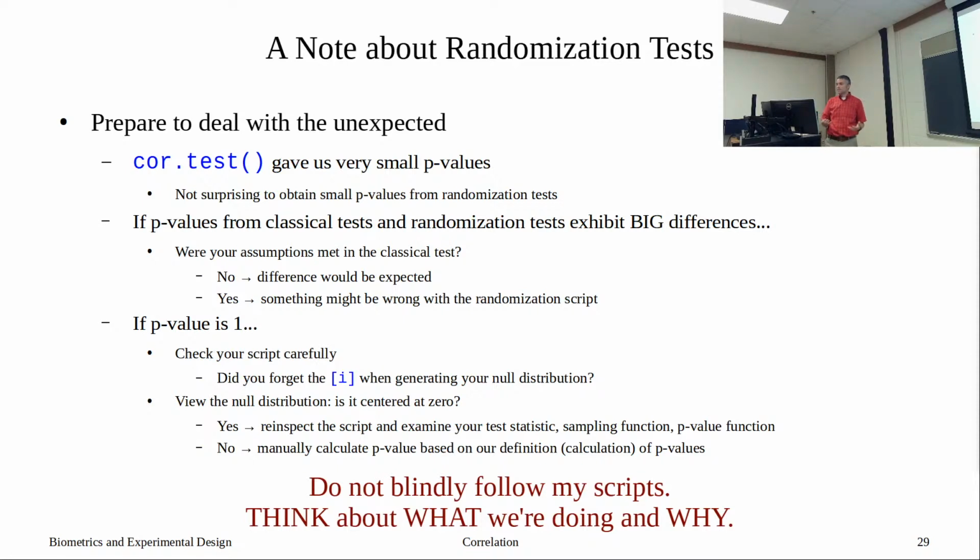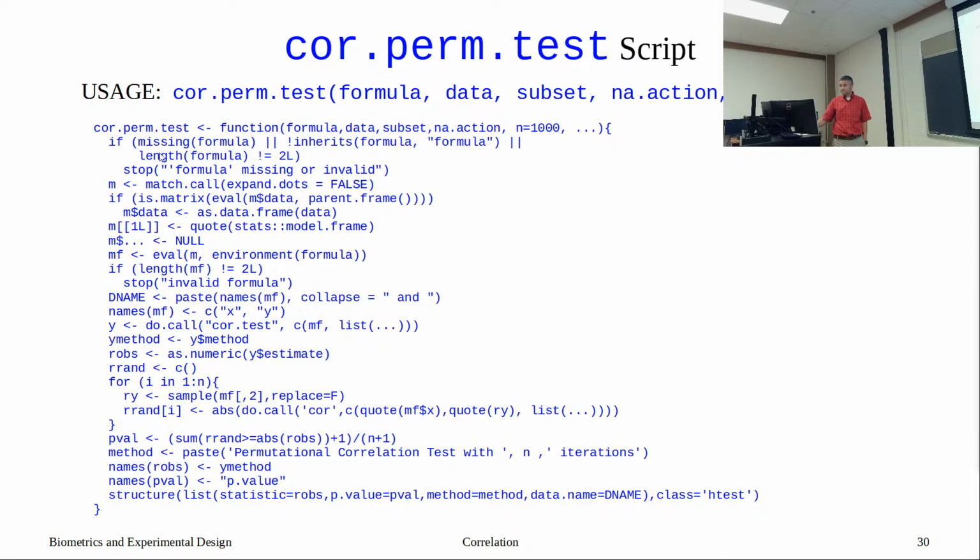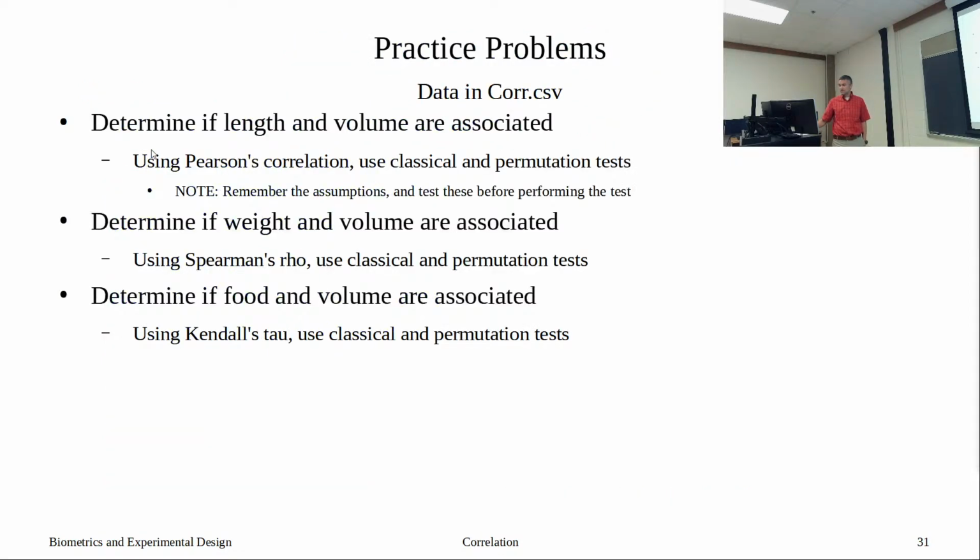The difference of 0.04 and 0.06 is actually a pretty big difference because we went from significance to non-significance. But if you have 0.28 versus 0.3, not really much of a difference. If we're looking at 0.28 versus like 0.1, we're getting a pretty big difference. So I give you cor.perm.test, you have that.